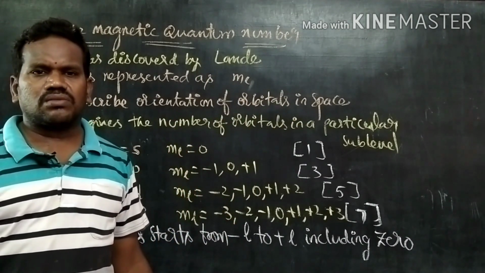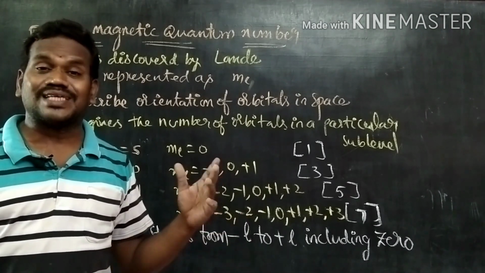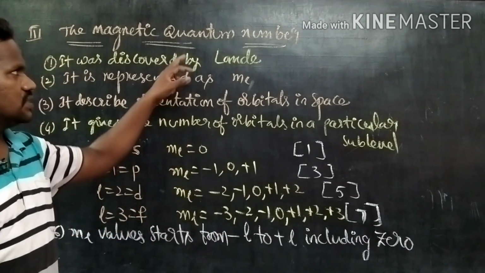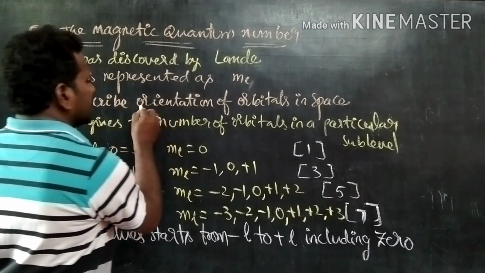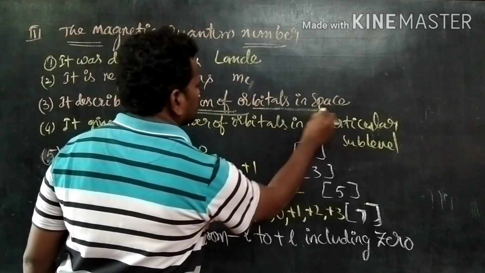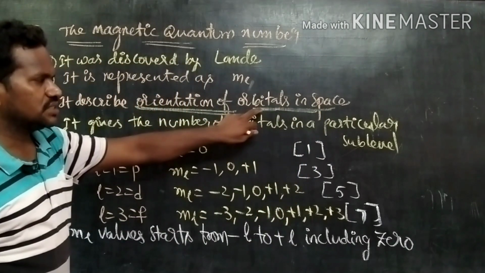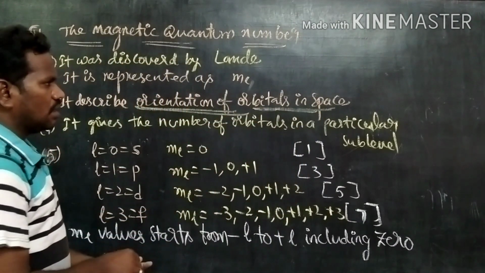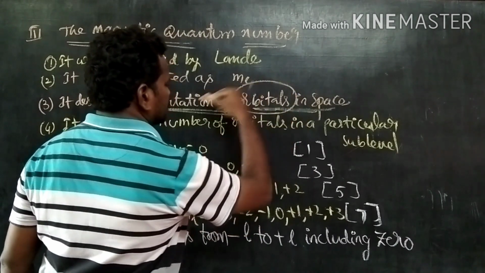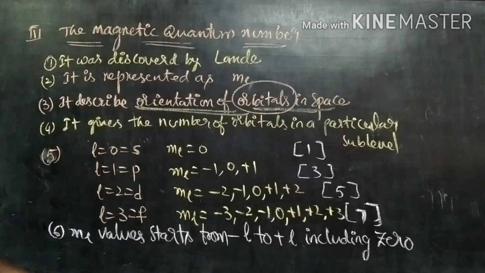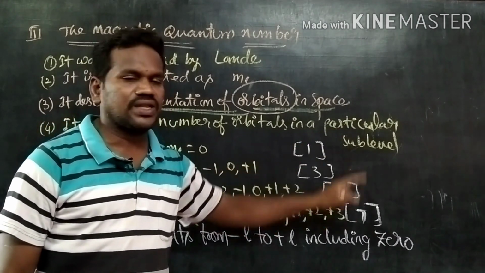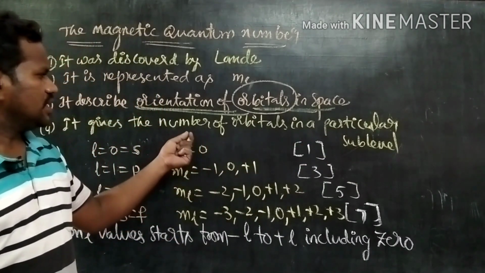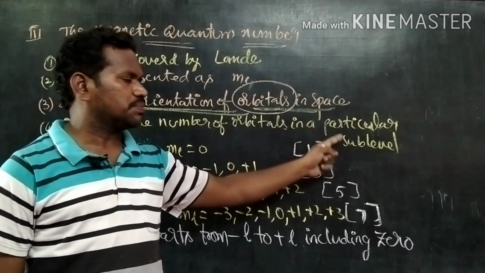The angular momentum quantum number tells about the energy of sublevels, whereas the magnetic quantum number tells about the orientation of orbitals in space. So it is mainly discussing orbitals in space, right? It gives the number of orbitals present in a particular sublevel.